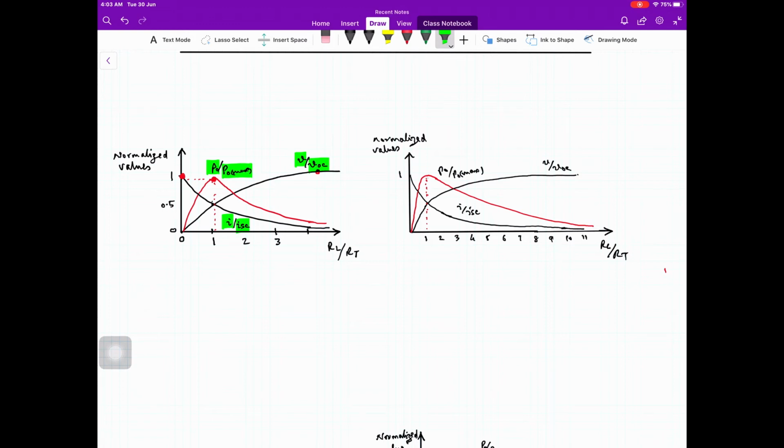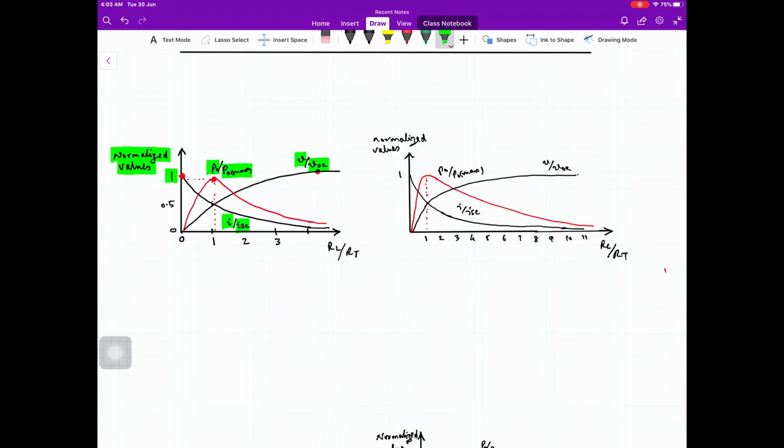Now, when we divide all the values of a variable by its maximum value, then the resulting values are known as normalized values. And in such a case, a variable divided by its maximum value will be 1. The maximum value of PO divided by PO maximum is 1. The maximum value of V divided by its maximum value is 1.